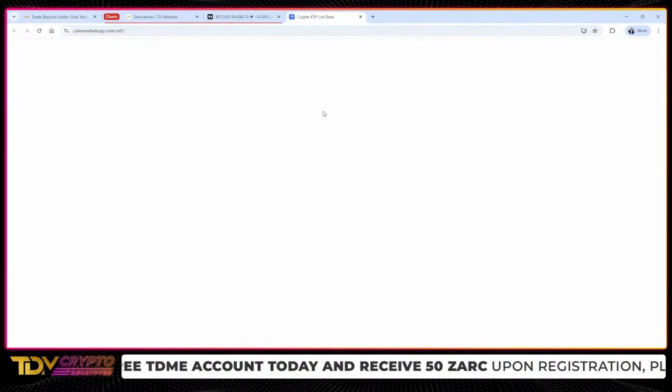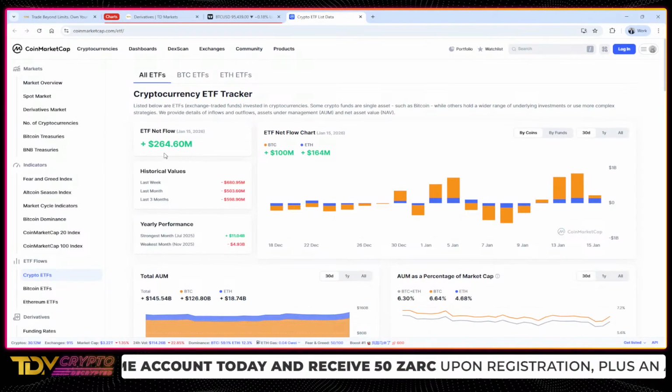First things first, let's go back. We spoke about this before. This is the crypto ETF tracker. It only tracks the BTC and ETH ETFs, or Bitcoin and Ethereum ETFs. This is where we start to understand the flow and the rotation of capital.